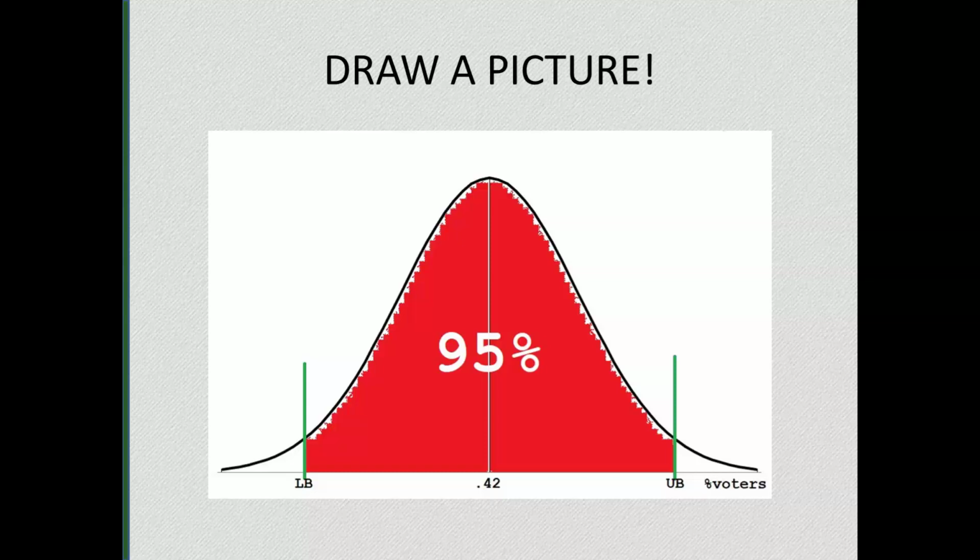Notice what we're doing here then. We're starting with a best guess, but we're going to go down from there and up from there, plus or minus on a bell curve a certain number of standard deviations to cover a certain percentage of the curve.